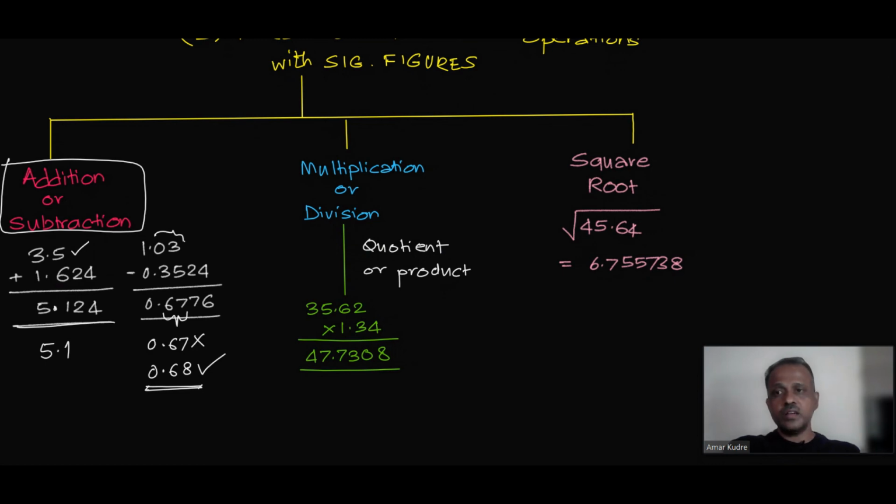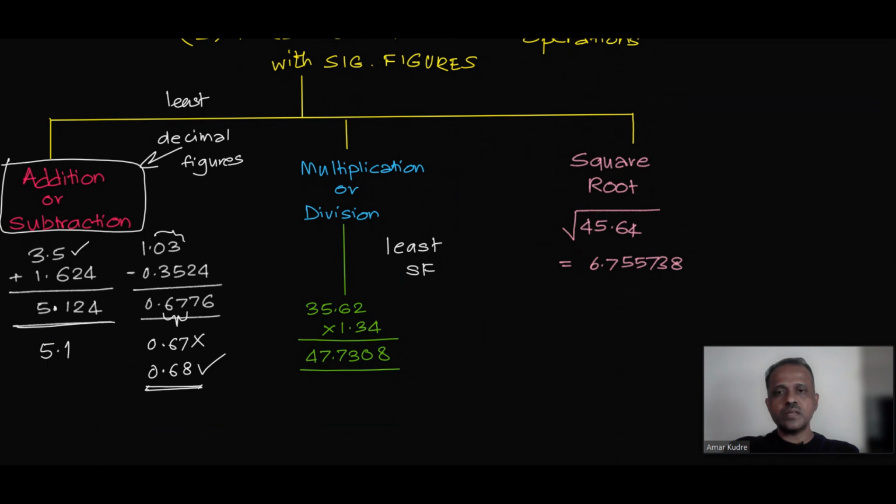Now here in the case of addition or subtraction, we were taking the least decimal figures from the question. But here in the case of multiplication or division, we need to consider the number which is having the least significant figures from the multiplying or dividing numbers.